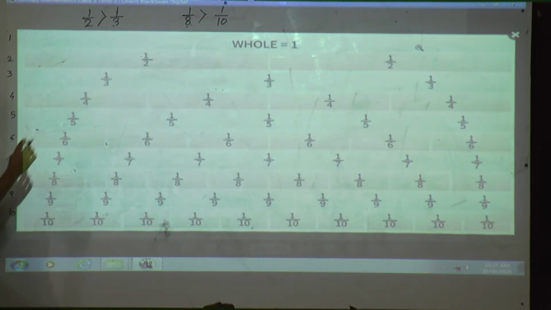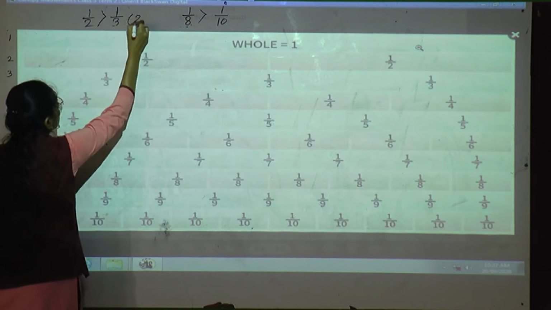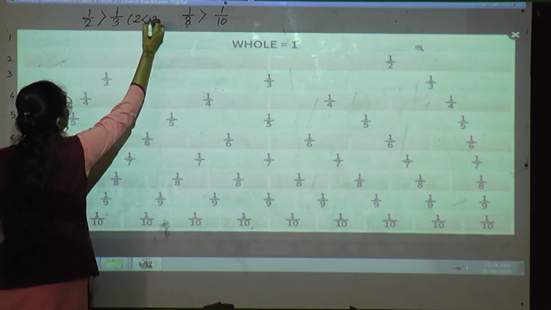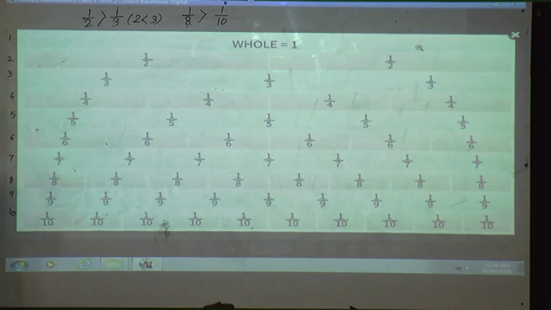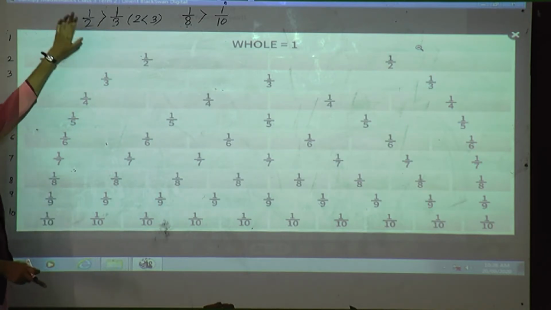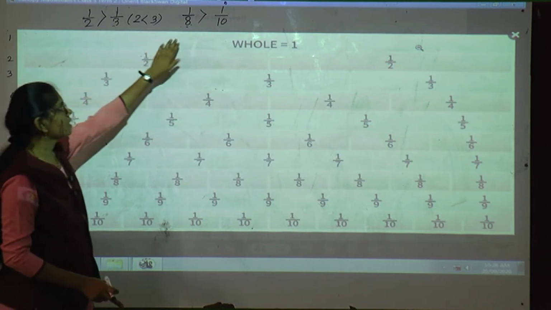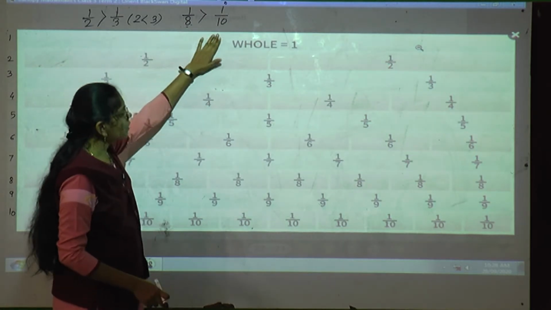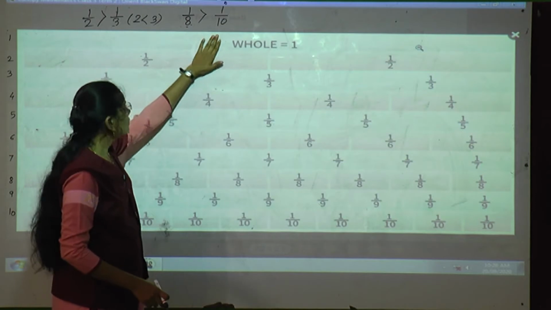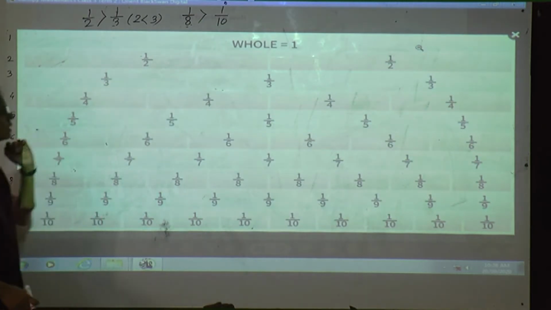But see students, in this example, 2 is smaller than 3, meaning 3 is greater. But if we compare the fractions 1 by 2 and 1 by 3, 1 by 2 is greater than 1 by 3. Here also 8 is smaller than 10, but 1 by 8 is greater than 1 by 10.